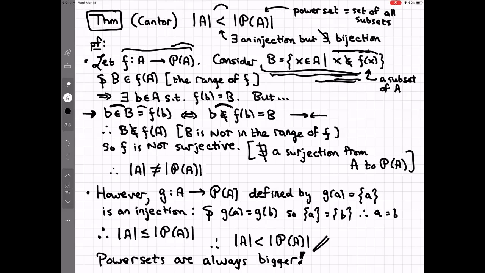And so you can see that if b belongs to capital B, then it doesn't belong to capital B, and vice versa. That's a contradiction. And so the only way out of that contradiction is to pop back up here and say, well, it must be that nobody mapped to this set. And so that means that this set is not in the range of f.